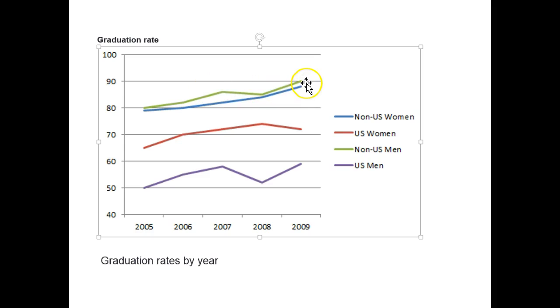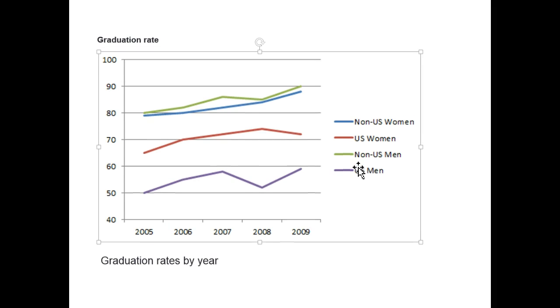All right, so non-U.S. men have a pretty high graduation rate. I'm going to look at the lowest. That's U.S. men. I made up this data, by the way. But it's hard. I'm not sure what the author wants me to focus on, what they see as the main news.